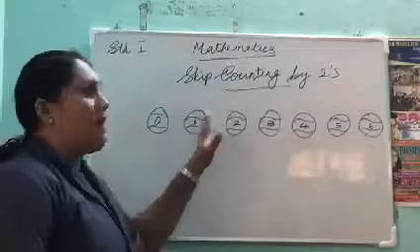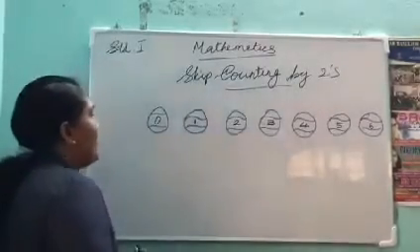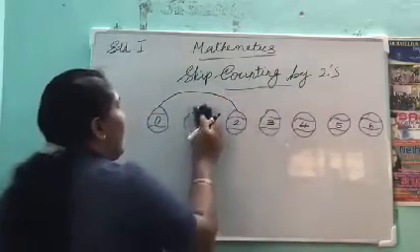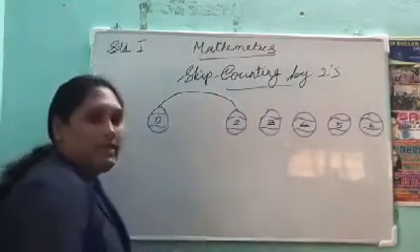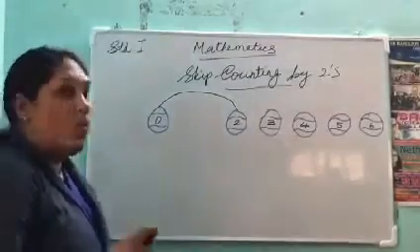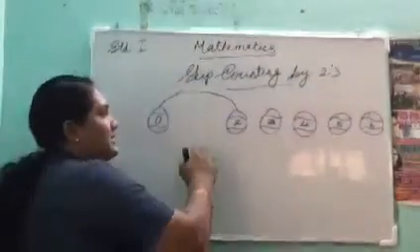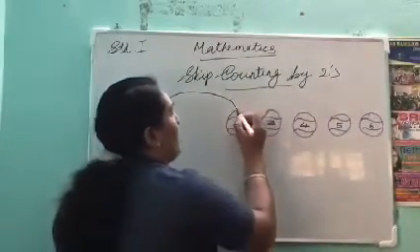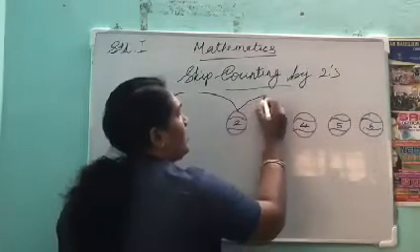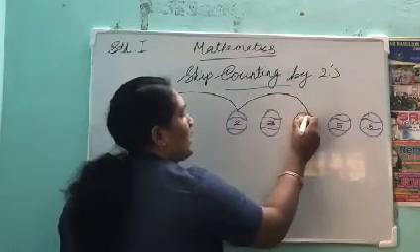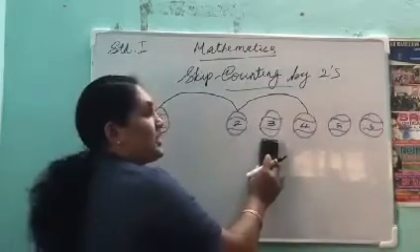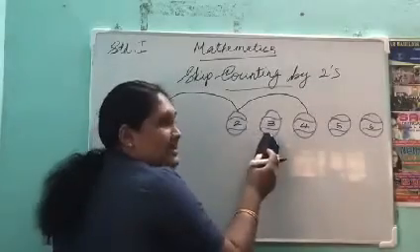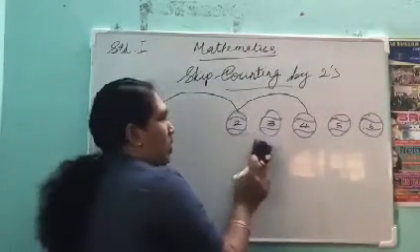When the ball starts bouncing, it skips one ball and jumps to the next ball. Again the ball bounces and skips to the next ball, but not touching the near ball. The near ball means the ball which is next to the number 2 ball.